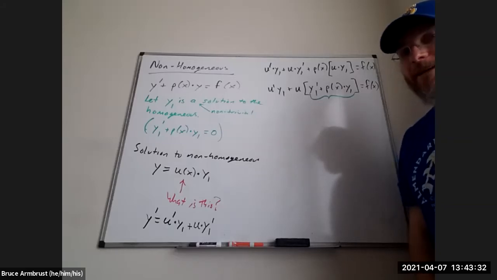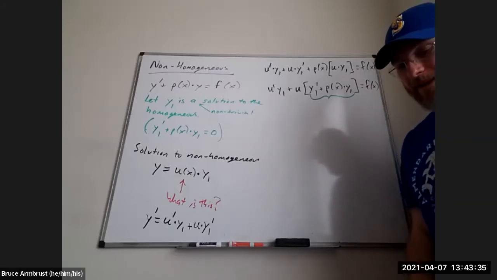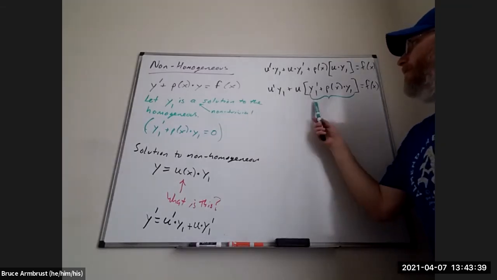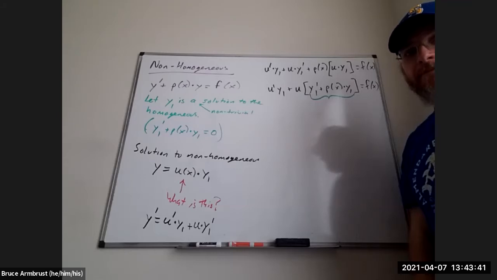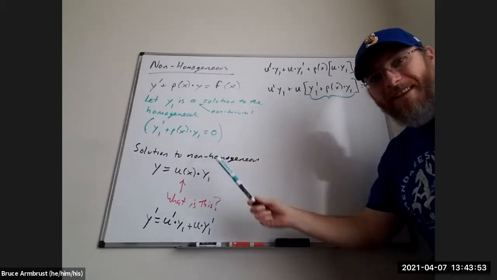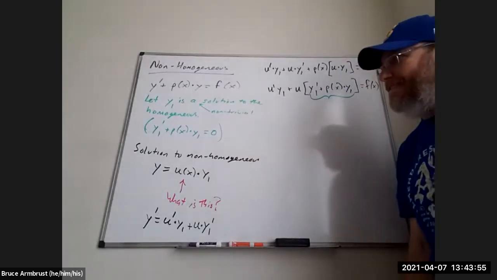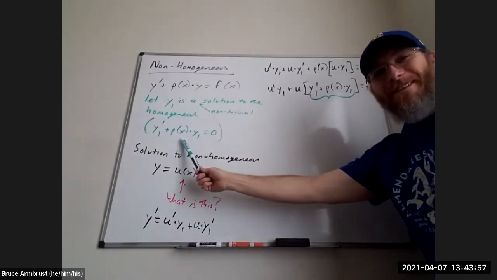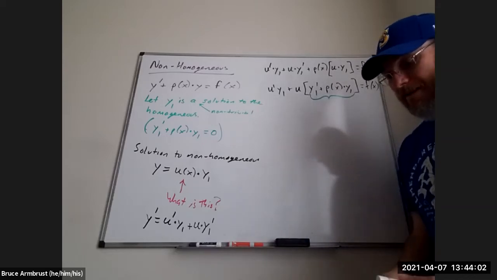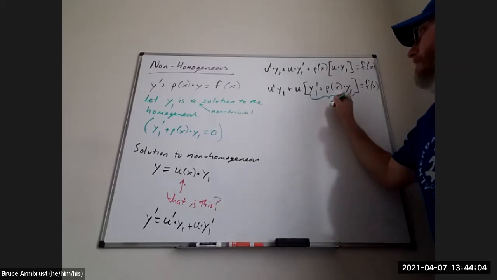Does anybody see what's happening here? Have I put the dots close enough? What happens to all the stuff that's in the brackets? Yeah, it's 0. Remember when I wrote that over there, that's what this means. Yeah, perfect. This stuff that's in the parentheses is exactly what's in the brackets here. This just equals 0.